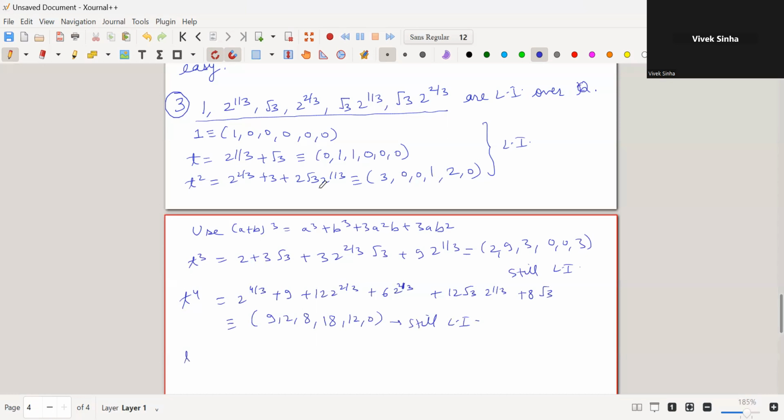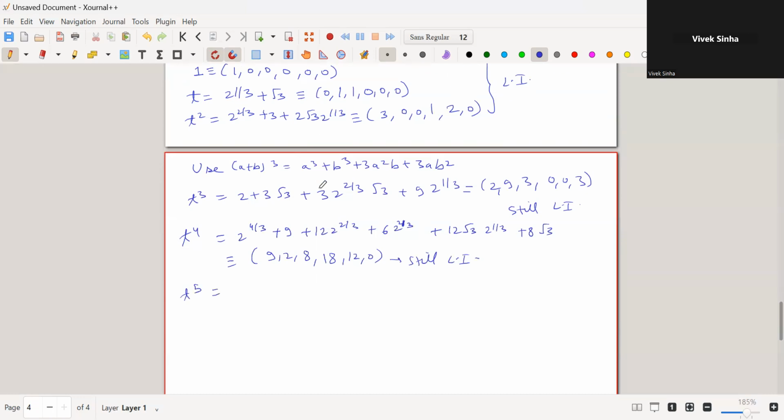And if you look at t^5, then I will just write whatever the basis form is: 60, 45, 9, 2, 10, and 30. So it has all non-zero parts here, and at every other place you have zeros. So this still remains linearly independent.